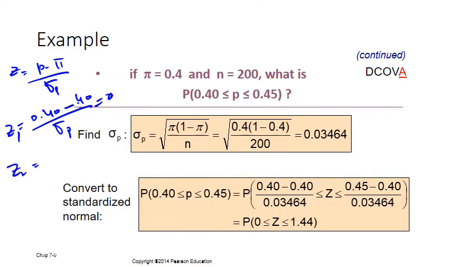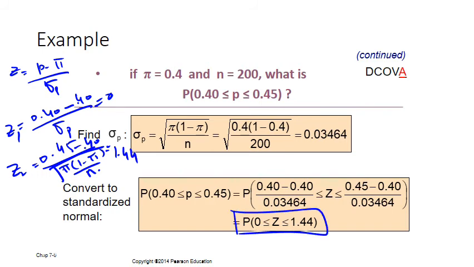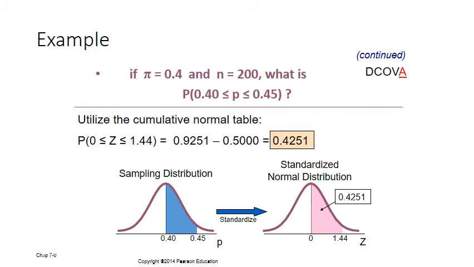Similarly you can calculate z2, which is 0.45 minus 0.4 over sigma p, which is the square root of pi times 1 minus pi over n, so it will become 1.44. So you will calculate this probability through the z table, exactly like before.